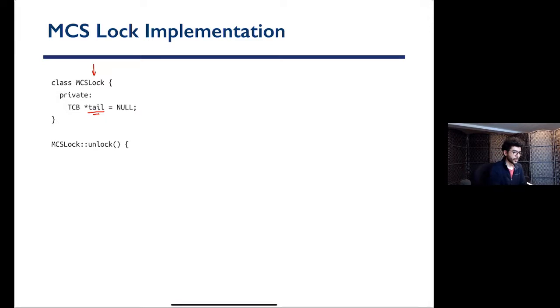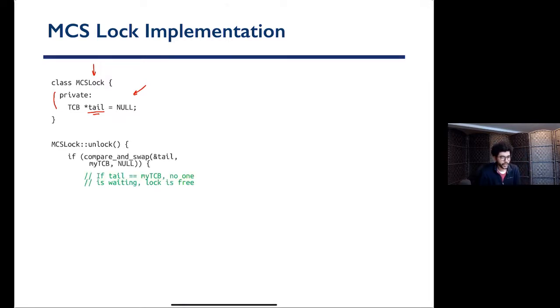So one thing to note, this is not the only variable. Of course, the MCS lock has unlock and all sorts of other things. This is the extra thing that we need on top of all the things that we've seen so far. So for the unlock function, if you remember, this is one of the instructions that we had, compare and swap.